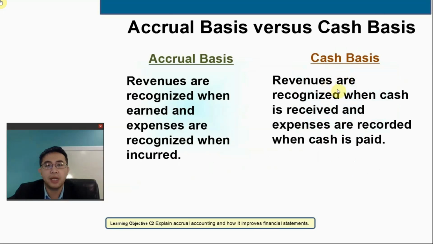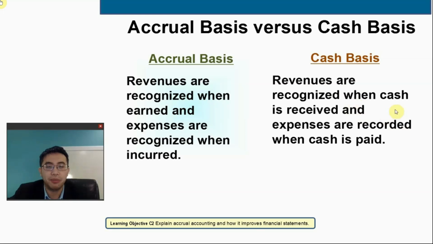All right, so cash basis basically says the revenues are recognized when cash is received. You may sell a product today, but you do not get paid today. You will get paid, let's say, 3 months later. Well, so on a cash basis, your revenue is not today, it is actually 3 months later whenever the cash is received.